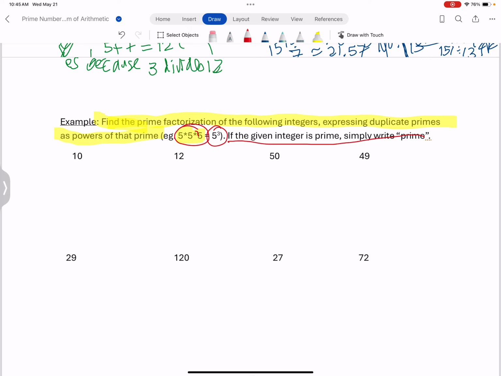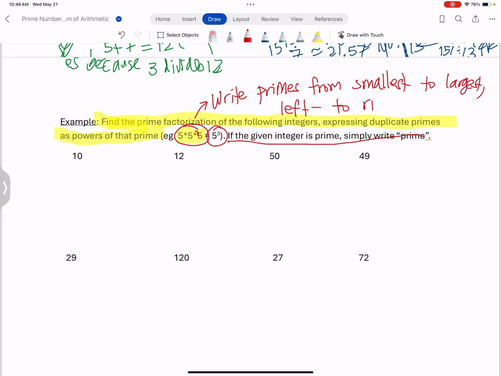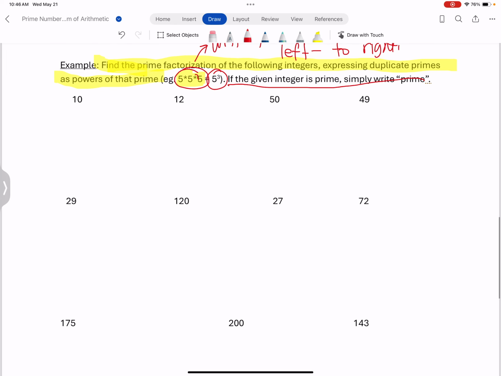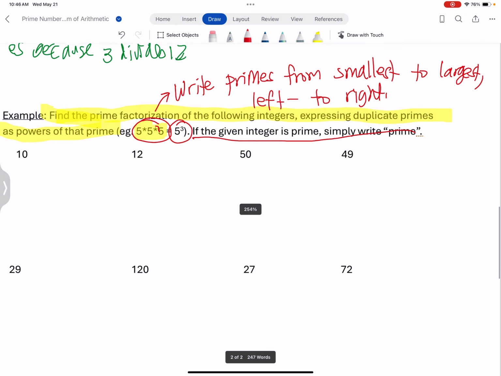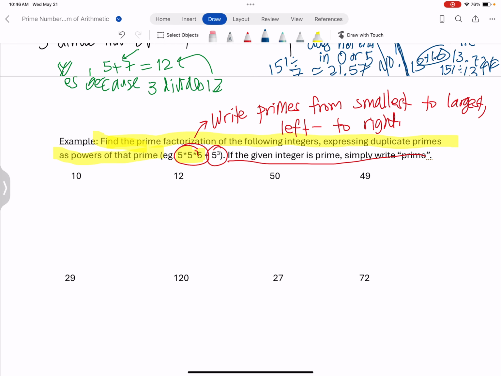I'd say we prefer to write primes a certain way. If you have a bunch of primes in your prime factorization, write them from smallest to largest, left to right. I guess by that I mean, if we looked at that very first example, the very simple number 6.